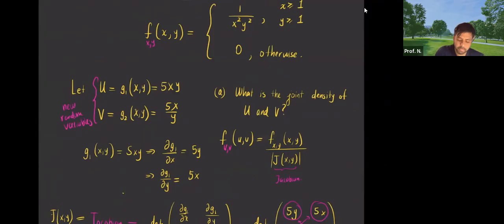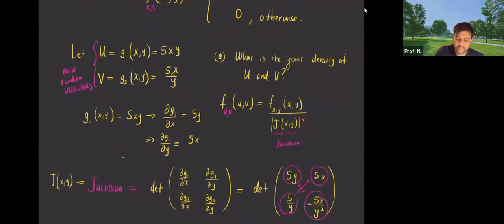And so we utilize what's called the Jacobian. Now, without getting too crazy with this, the Jacobian is simply the determinant of a 2 by 2 matrix. This matrix has two rows and two columns, and each entry is a partial derivative of the given functions of x and y.